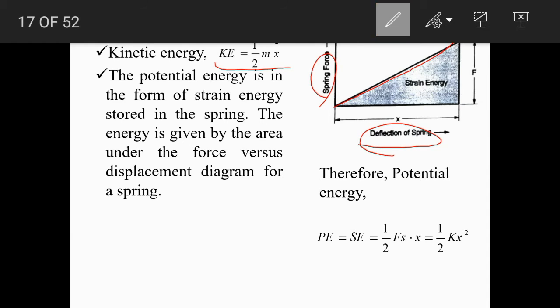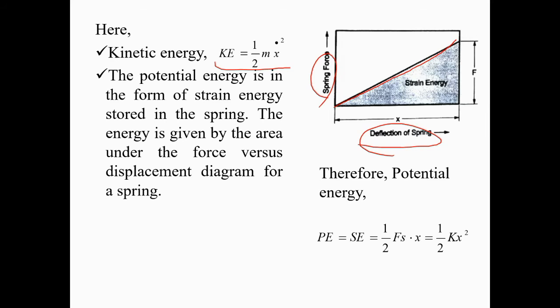Now here force is applied to get certain deflection within elastic limit. Whenever that force is removed, then it would try to return to its initial position, or we can say mean position.